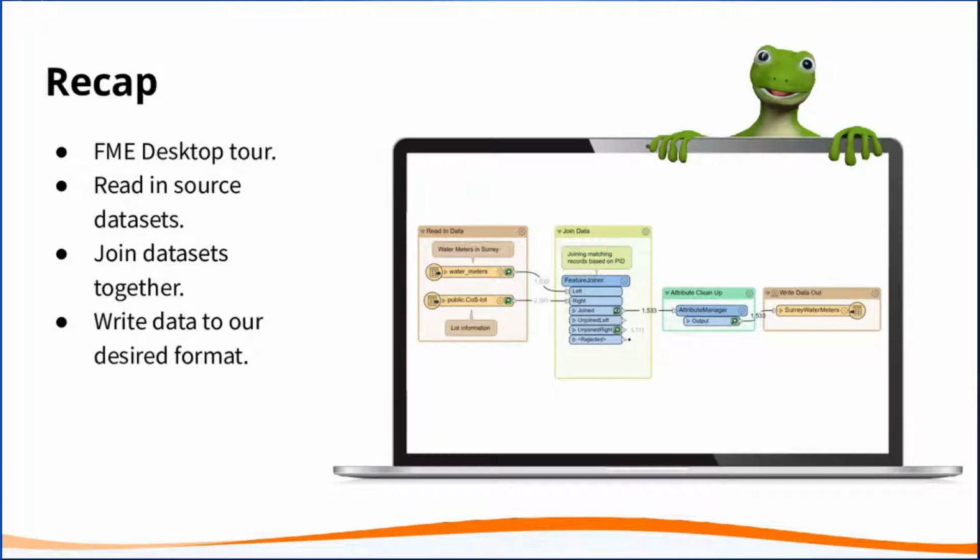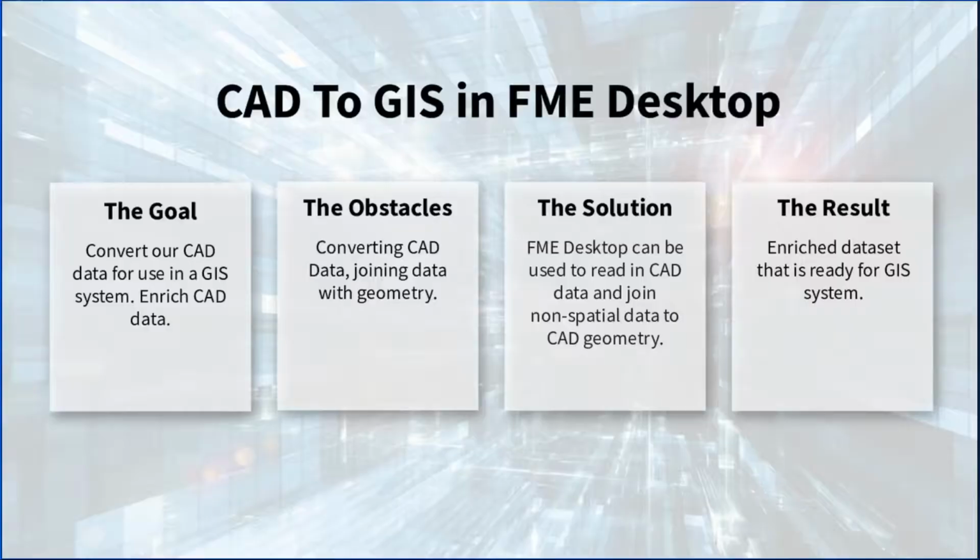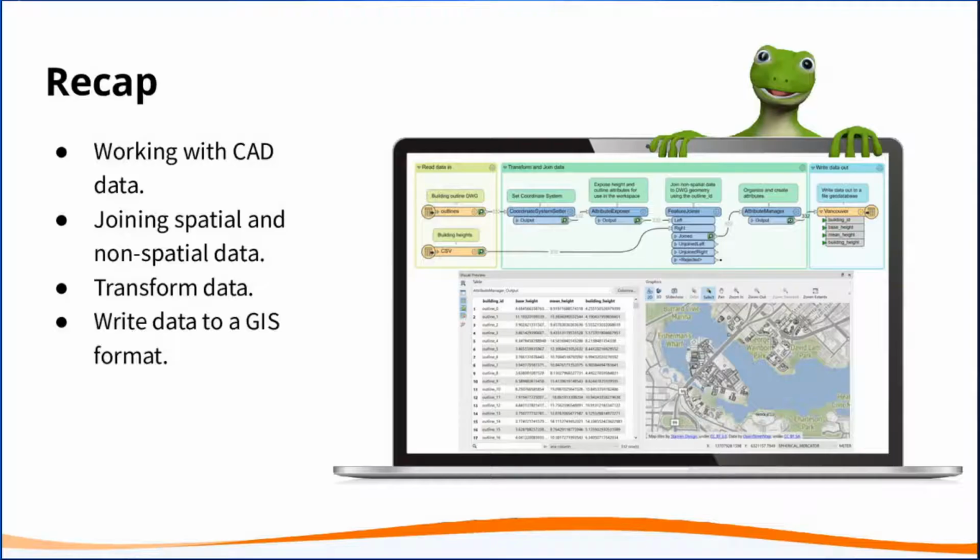So we learned how to read in two different data sources, join them together, and write out to our desired format. And then in our CAD to GIS example, we looked at how you can work with CAD data, joining spatial and non-spatial data together, and then write that out to our desired GIS format.